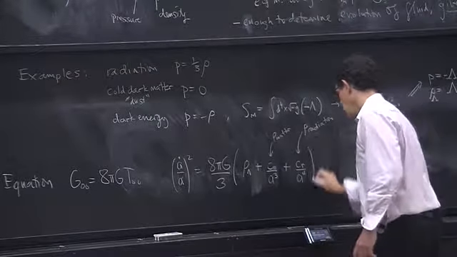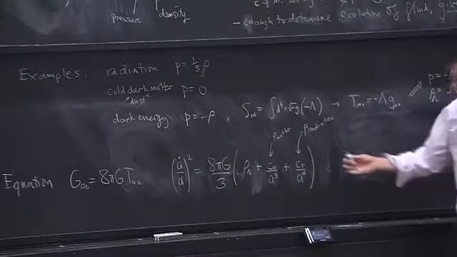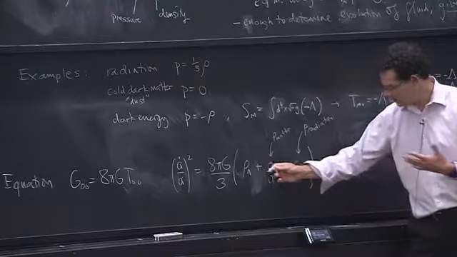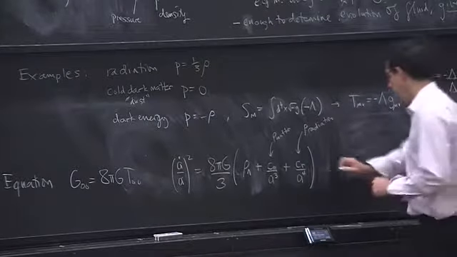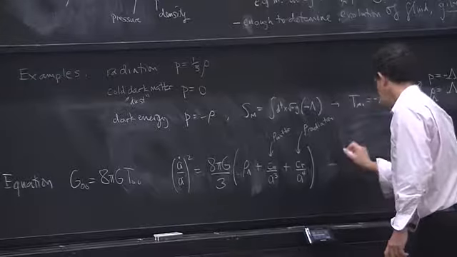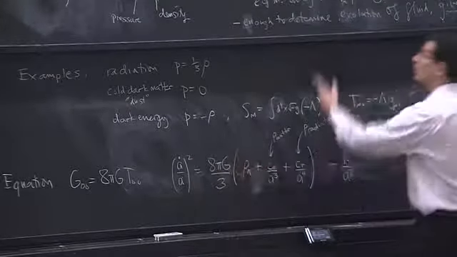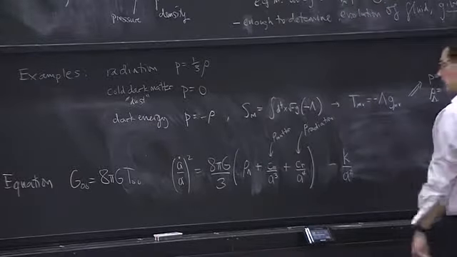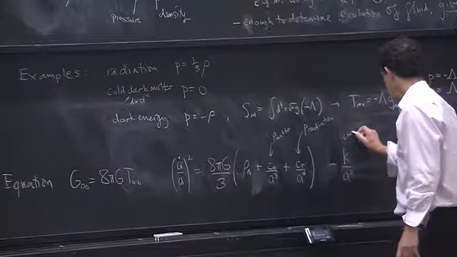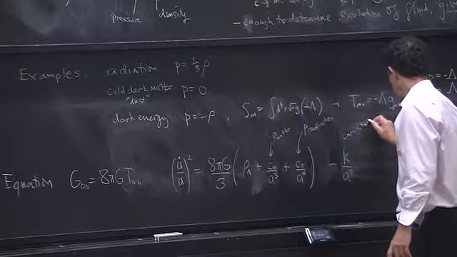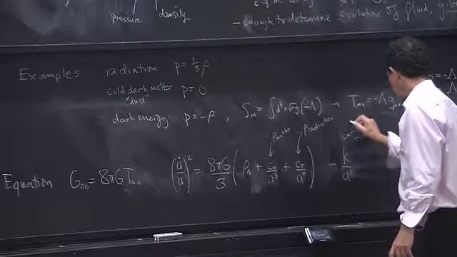There are other things. There's neutrino, which starts out like radiation and ends up like matter. And then we have the minus k over A squared, where I just pulled that term from the left-hand side and put it on the right-hand side. So this is the curvature term, the space curvature term.